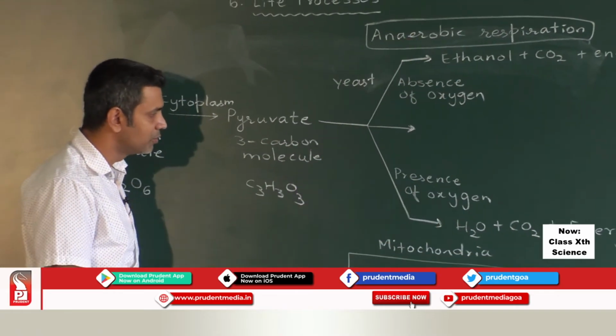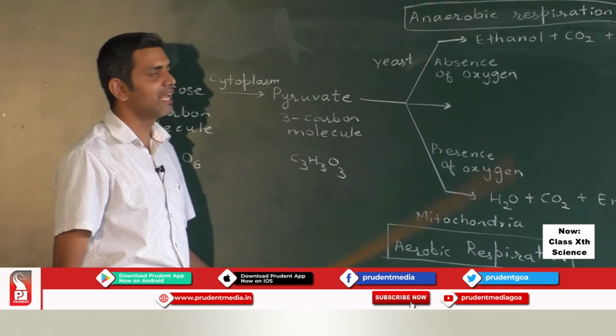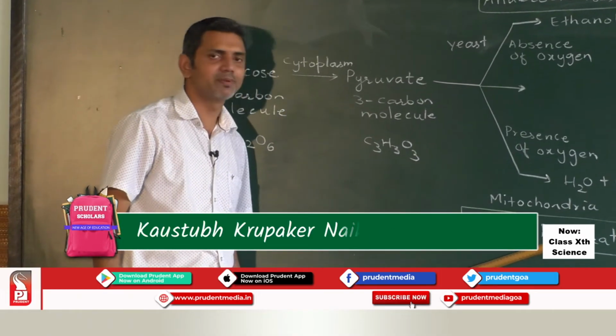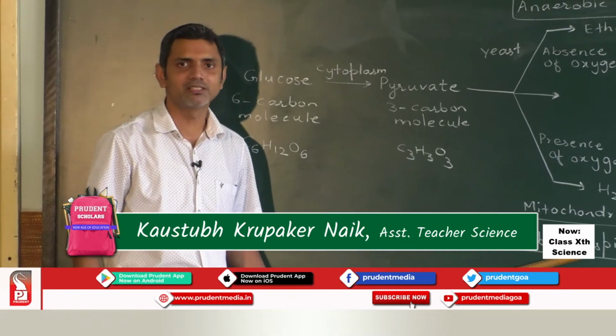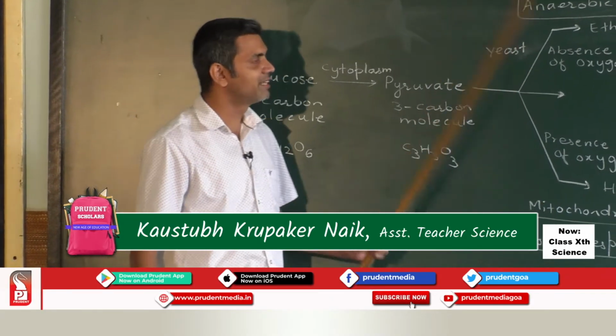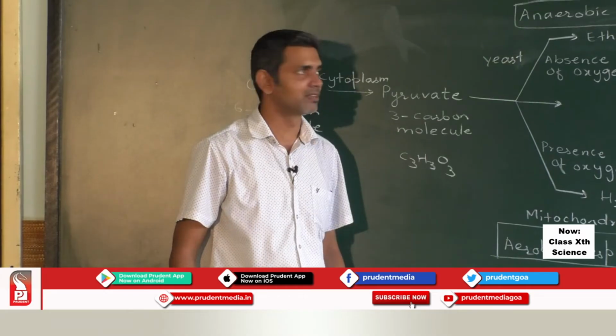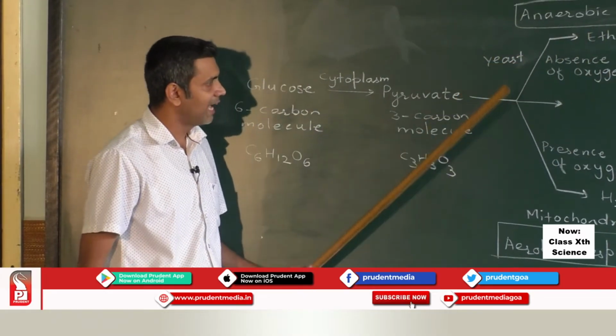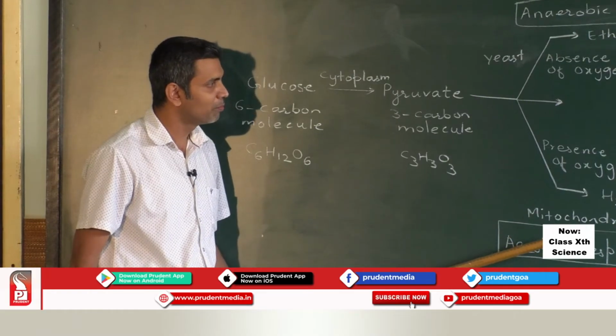So we have learned two things now, aerobic respiration and anaerobic respiration. Anaerobic respiration takes place in yeast, aerobic respiration takes place in mitochondria.